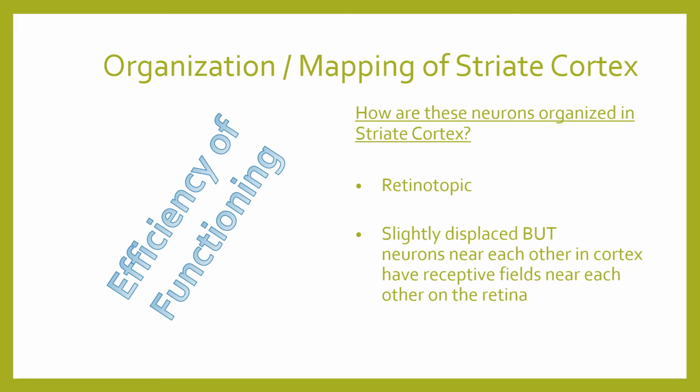This allows for an efficiency of functioning because neurons that have receptive fields that are near each other on the retina are going to be near to each other on the cortex, which also means that the visual space, because you remember it's this flipped upside down image, but if something is close to something in the environment, it's going to be close on the receptive field on the retina, and close in the visual cortex, so it makes sense for putting information together as well. There is a slight displacement, but otherwise we have this retinotopic kind of mapping that gives us an efficiency of functioning.